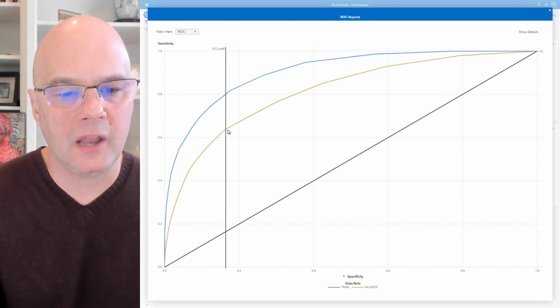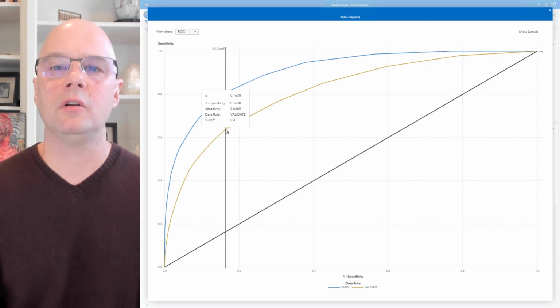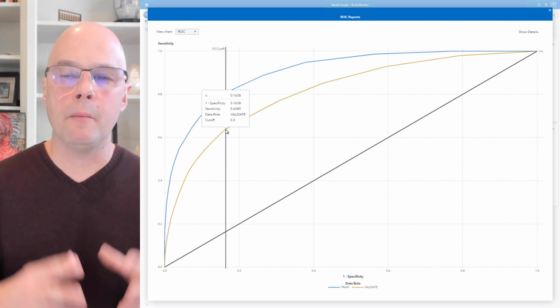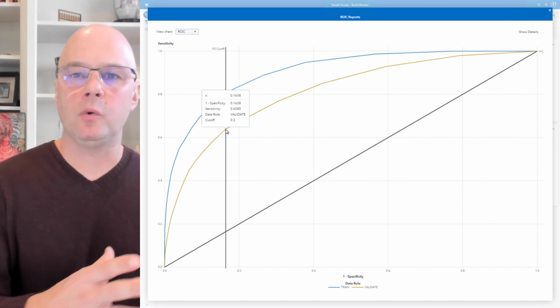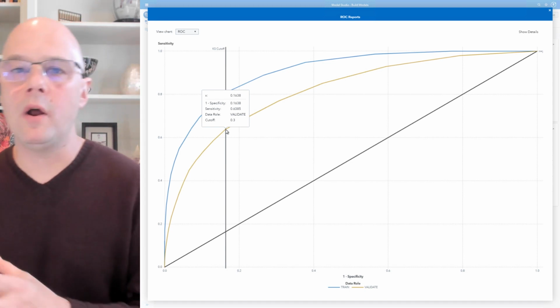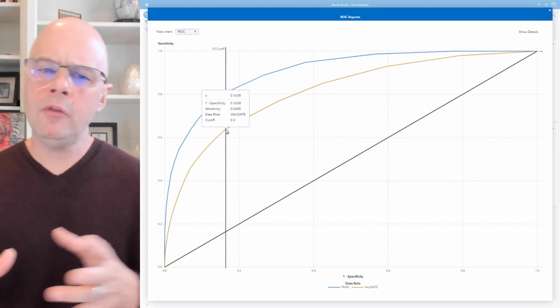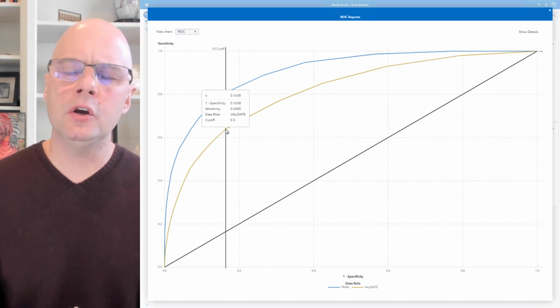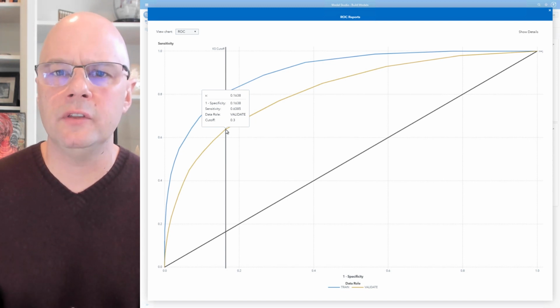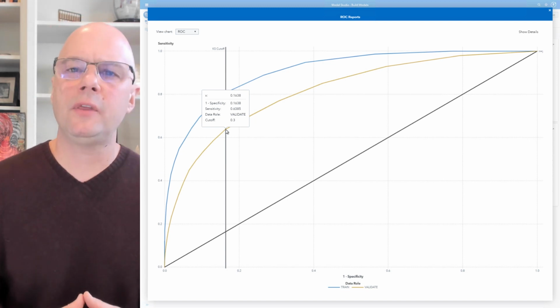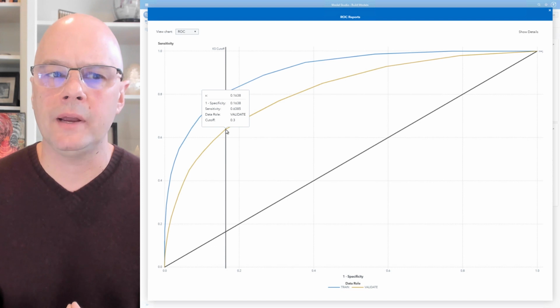Now, a reference line has been provided here on the chart also. This is where we have the biggest difference between the sensitivity and 1 minus specificity. In other words, this is really a good cutoff to consider in this situation. We see here that the cutoff is at 0.3.